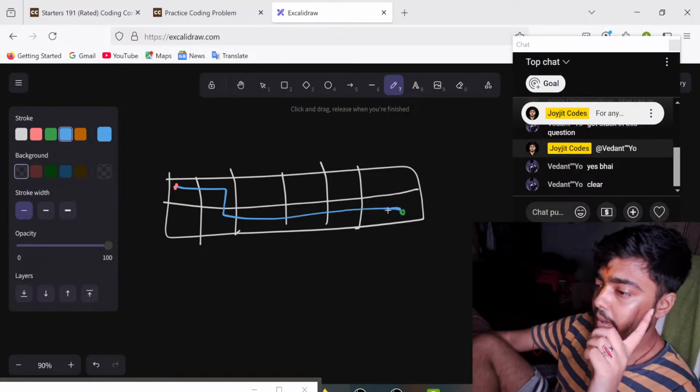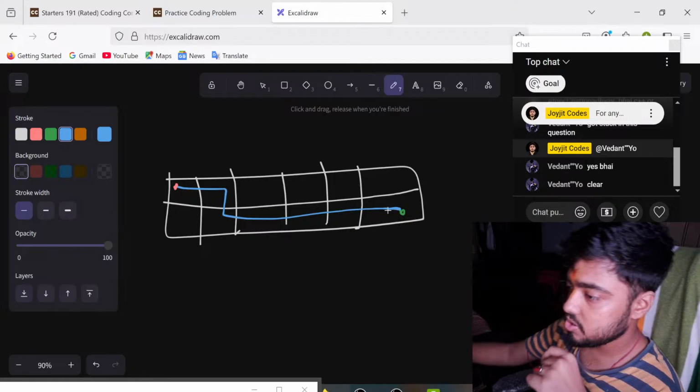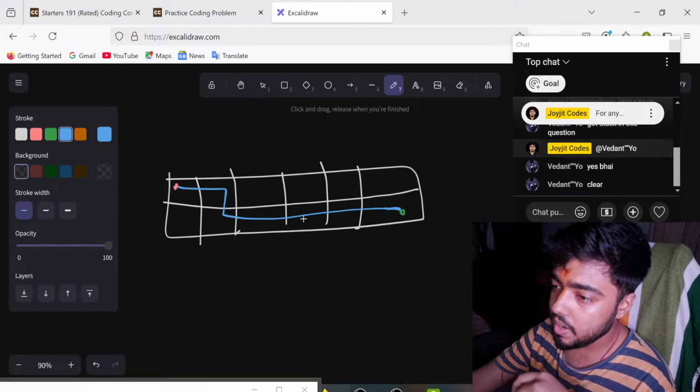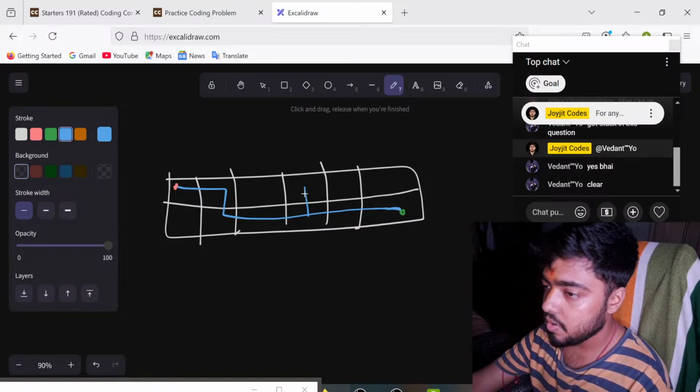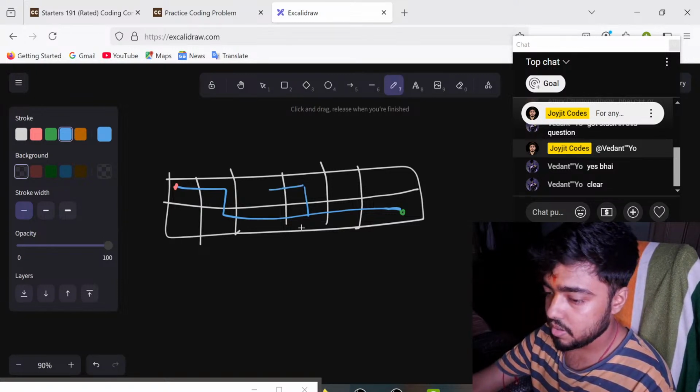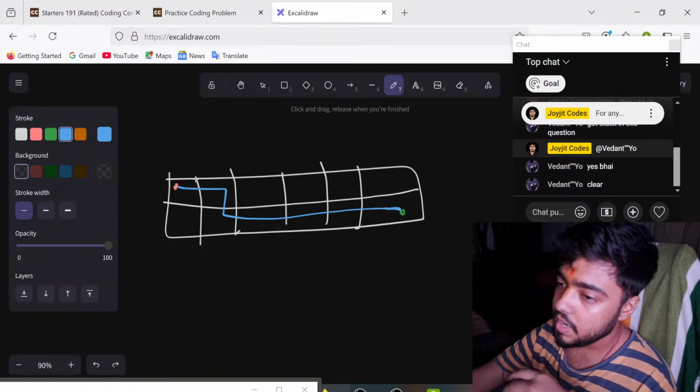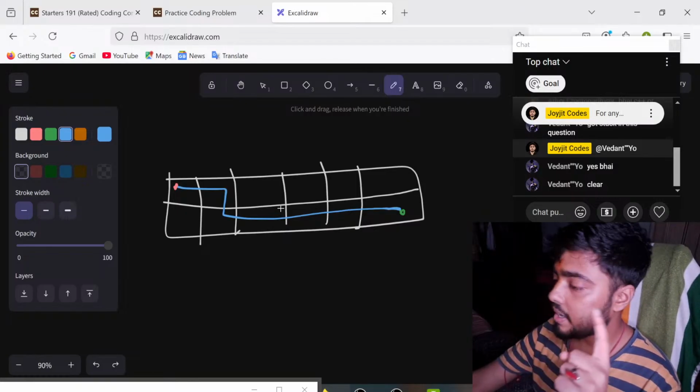This is the only type of path where there is a down-right approach. You can't go up, neither can you go left. It is either right or down.